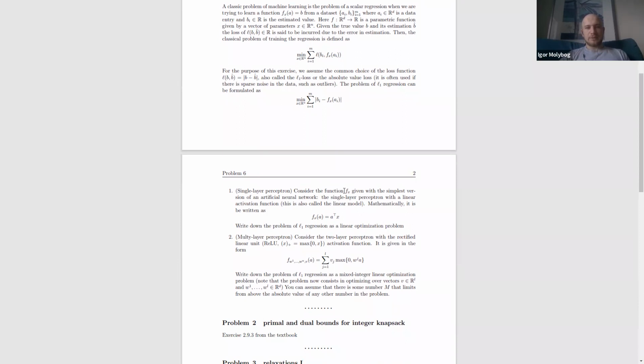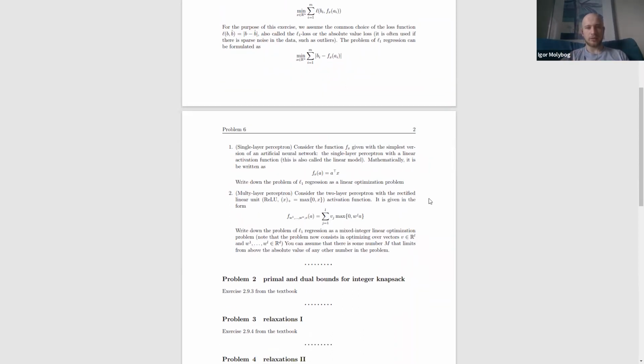So we are considering a specific form of the function f(x) to be equal to a transposed x. It's basically just a linear function. It's just a single layer artificial perceptron. So we are asked if we can write down the problem of L1 regression, which is this problem, as a linear optimization problem.